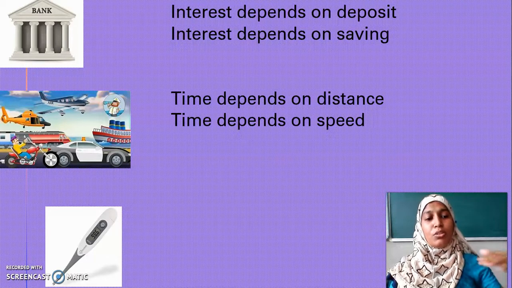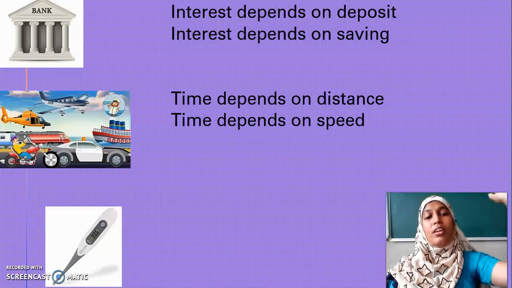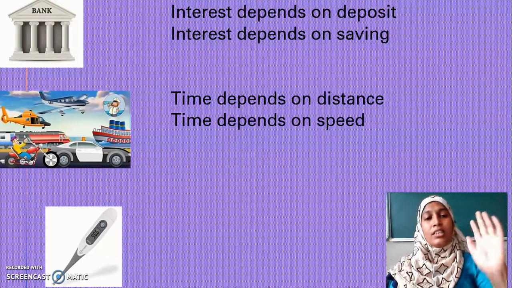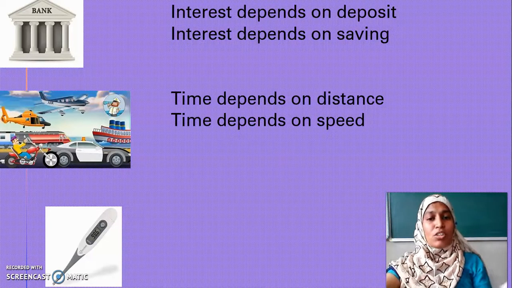To travel to Delhi, it may take 6 hours. But to travel to USA, it may take more than 15 to 16 hours or even 24 hours. I am not sure, it all depends upon how many flights we are going to have. So time depends on distance. Similarly, time depends on speed. If I go fast, I will take less time, where the distance is fixed.